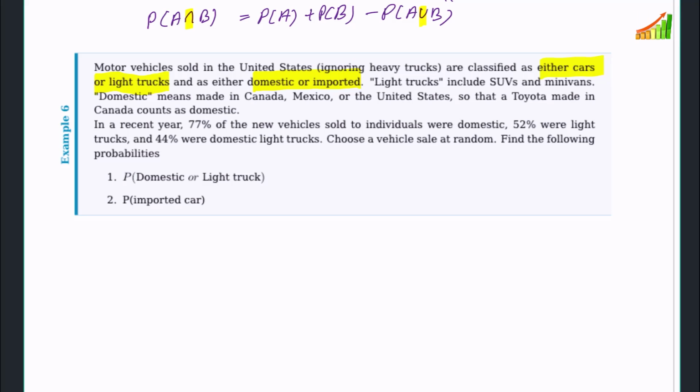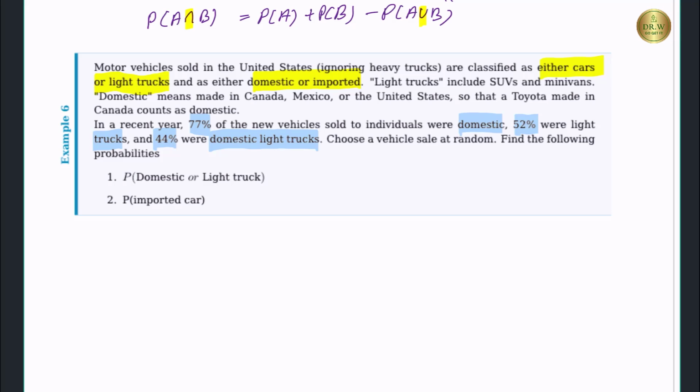In a recent year, 77% of the new vehicles sold to individuals were domestic. 52% were light trucks and 44% were domestic light trucks. Choose a vehicle sale at random. Find the following probabilities.